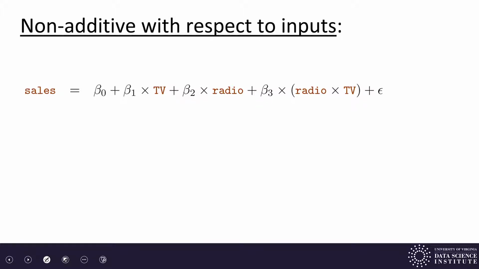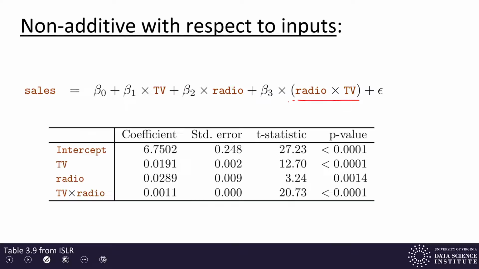First, we're going to do sales using our advertising data that we talked about in our previous lesson video. We're going to do regression with sales as a function of television advertising and radio advertising, and then a new term, which is radio advertising times television. When we do regression using the formula shown here, where this last term is the one that's making it nonlinear, we have this as a result.